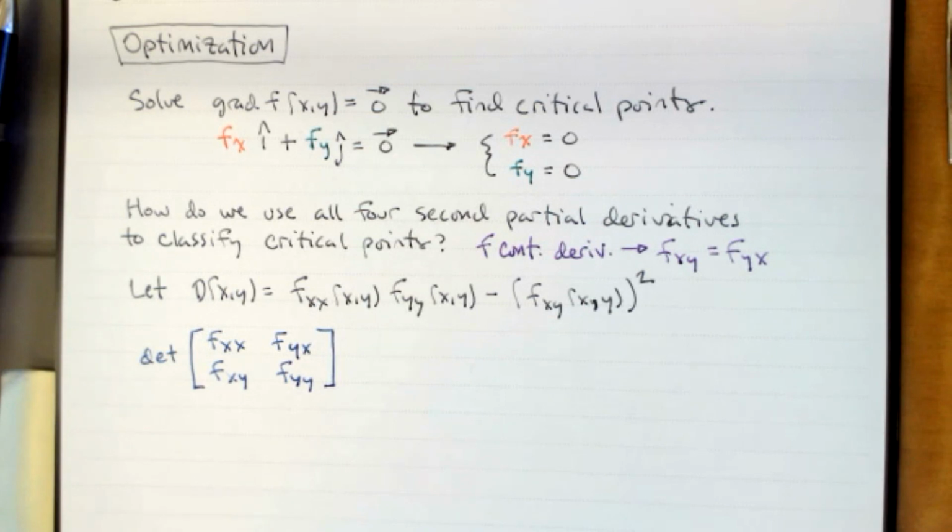The reason that we only need to read one of those is that opening piece. If D is positive and fxx is positive, then if D is positive and fxx is negative, let's think about what that means.